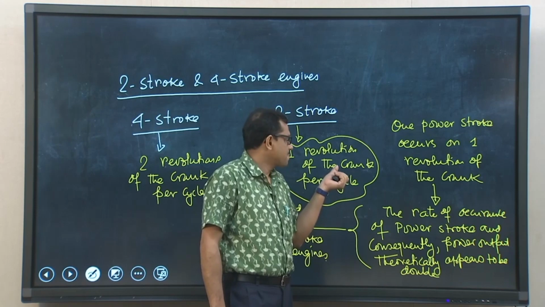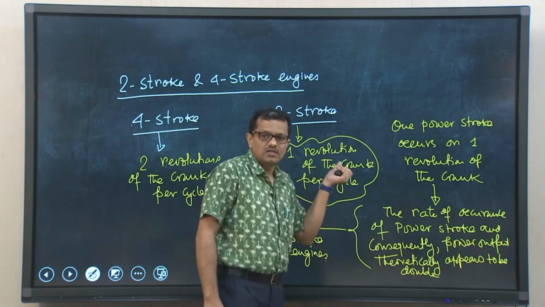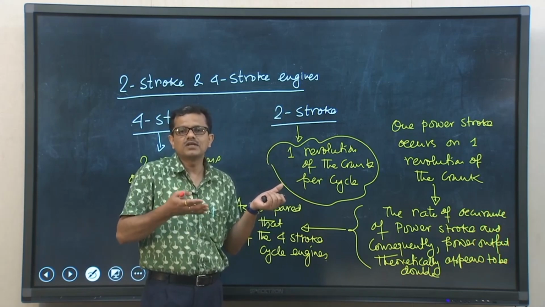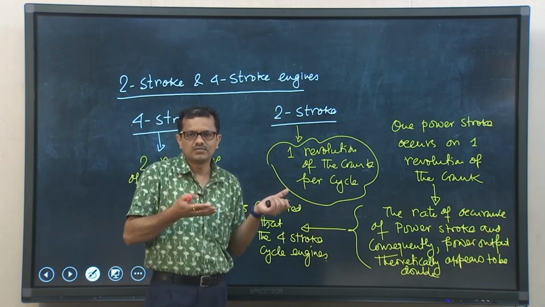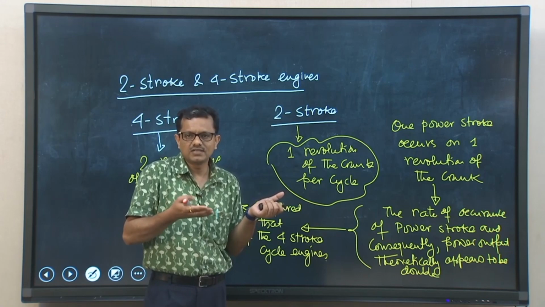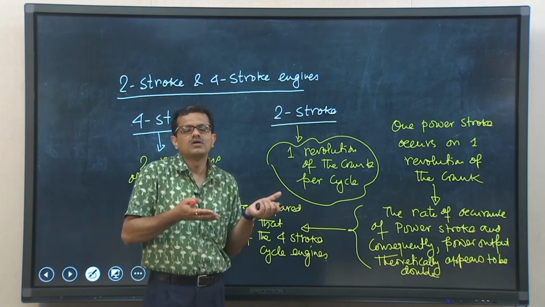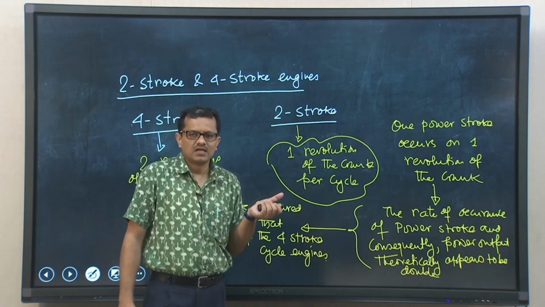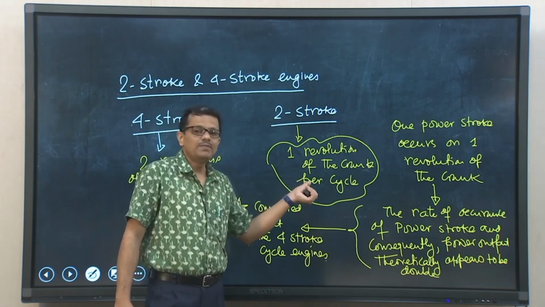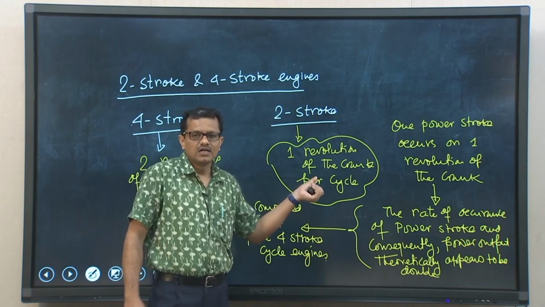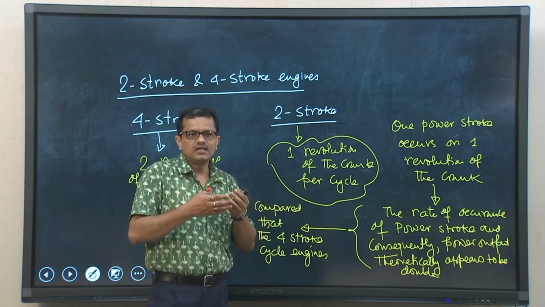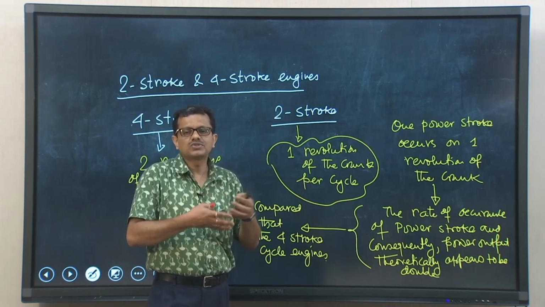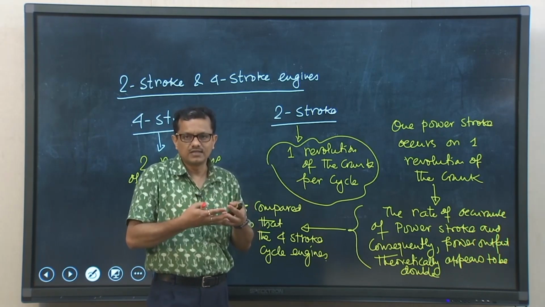Also, we have seen that for the 2-stroke cycle engines, a significant portion of the fresh charge, that is the fuel-air mixture if it is SI engine, or the fuel for the CI engine, will be lost, because the intake and exhaust, these 2 strokes occur simultaneously.